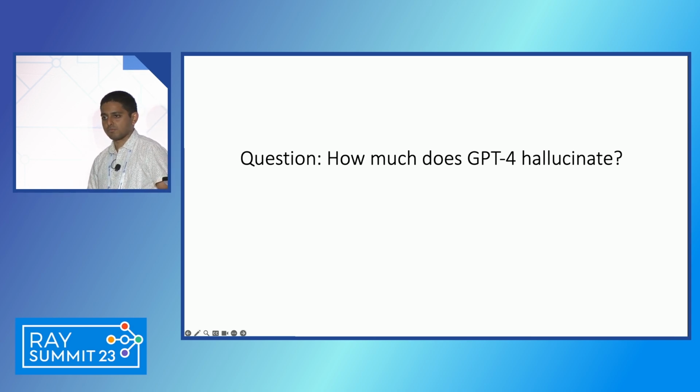And the answers I've heard are mostly, oh, a lot, not so much, works for my task, more than 3.5, less than llama, and so on and so forth. But it's not a very scientific metric to work with, which also comes to your question: how do you solve something when you can't measure it? And so the first thing that we want to do, which we did with Gorilla, is give a framework where you can actually measure hallucination. Now, I want to preface this by saying that this works great for API calls.